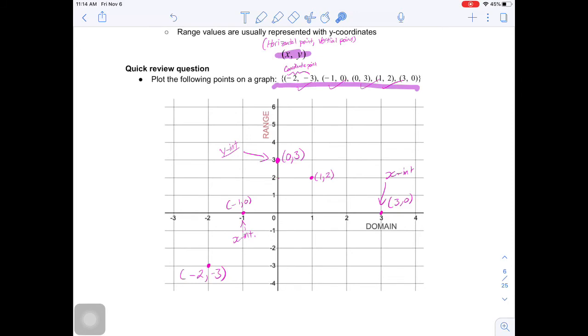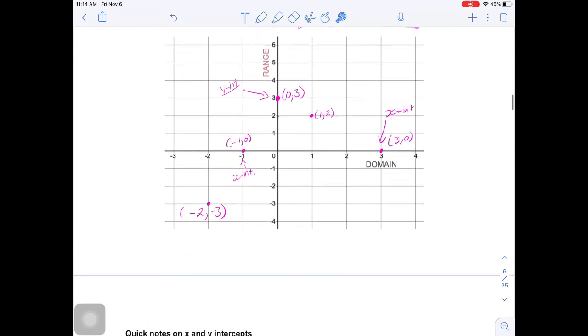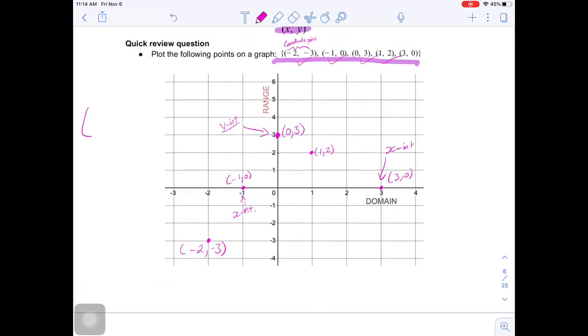Okay, so as a quick little review here, you have lots of things going on. We have just said that ordered pairs can be represented as a few different things. It can be known as your domain value represented first, and then your range value. You can have your x and your y value, okay?